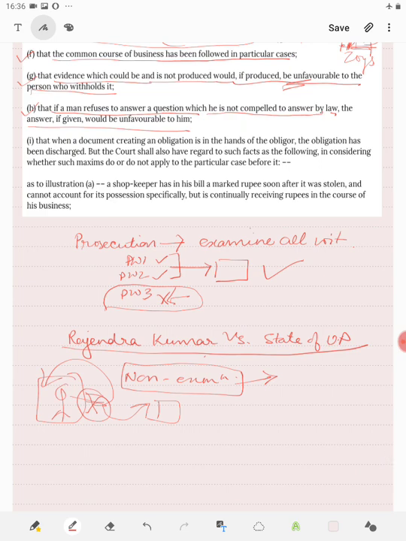Then, when a document creating an obligation is in the hand of the obligor, the obligation has been discharged, but the court shall have regard to such facts. Now there are certain more points in it, but the thing is that if a document is in the hand of the person who has executed it, then it can be presumed that the obligations therein he has performed.